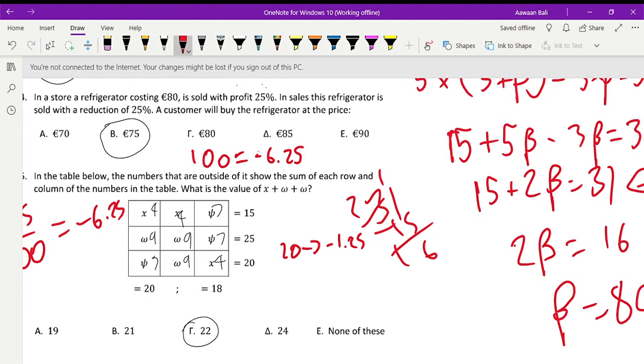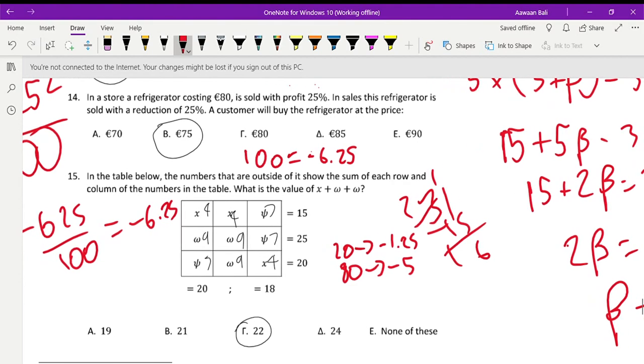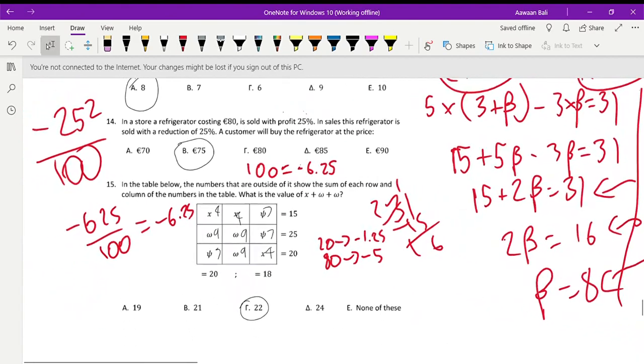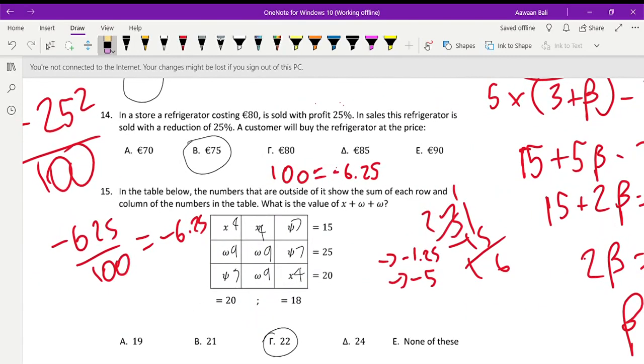Now we multiply by 4, so 80, and 1.25 times 4 is 5. So if it was 80 euro, you'd minus 5 euro. So we're looking for 80 euros, so we just do 80 minus 5, 75. So therefore, your answer is 75.